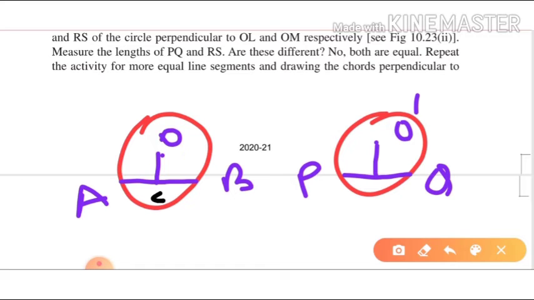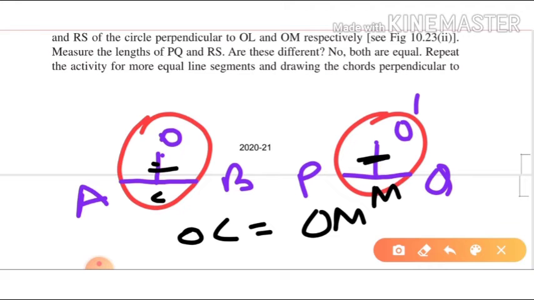So if you take this as C and this as M, then OC is equal to OM. That means they are also equal, this and this are equal.